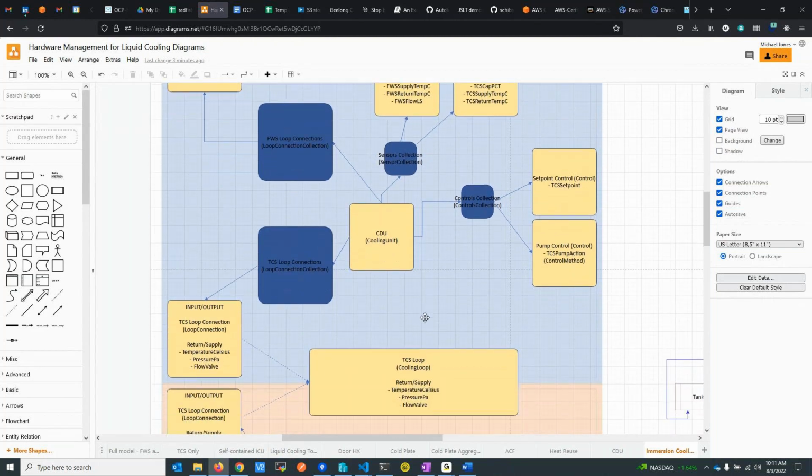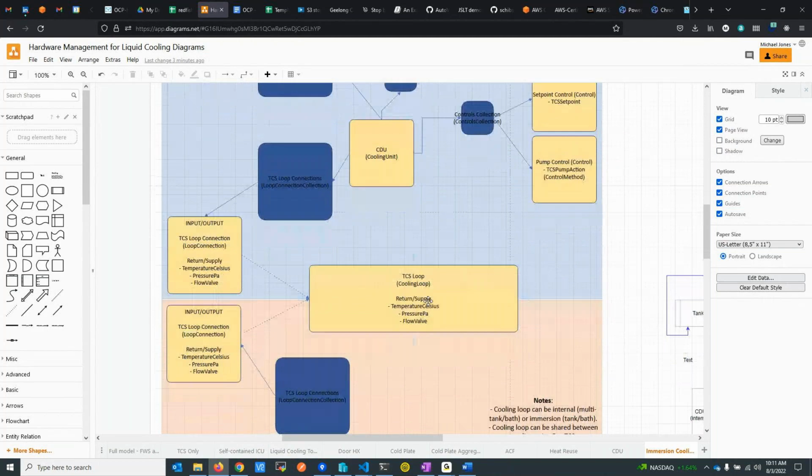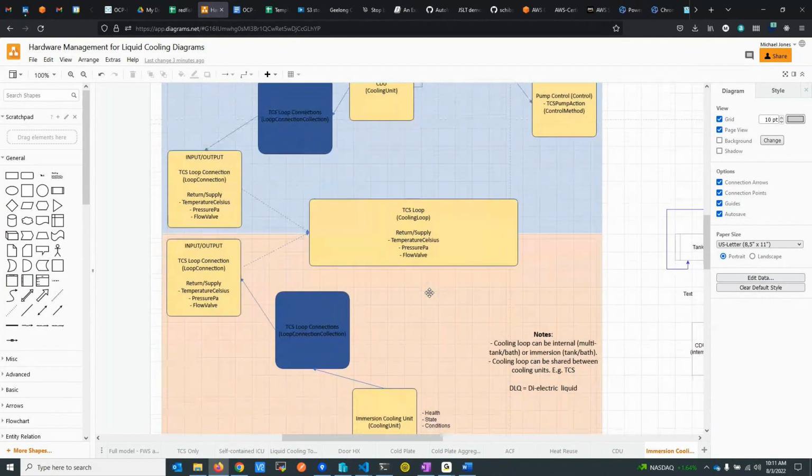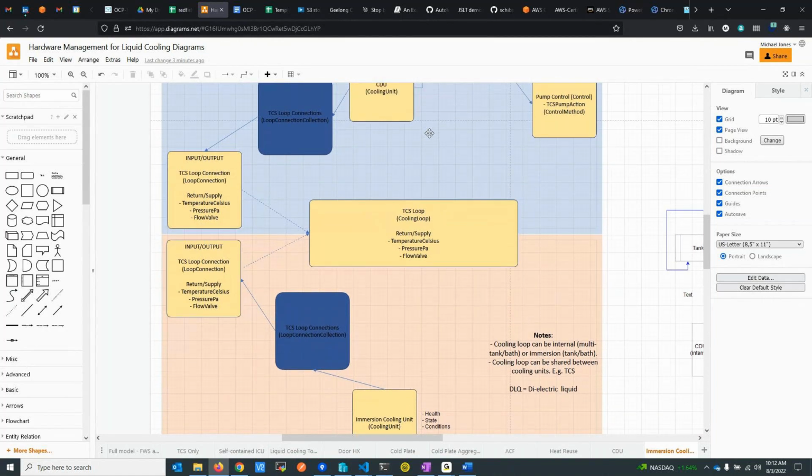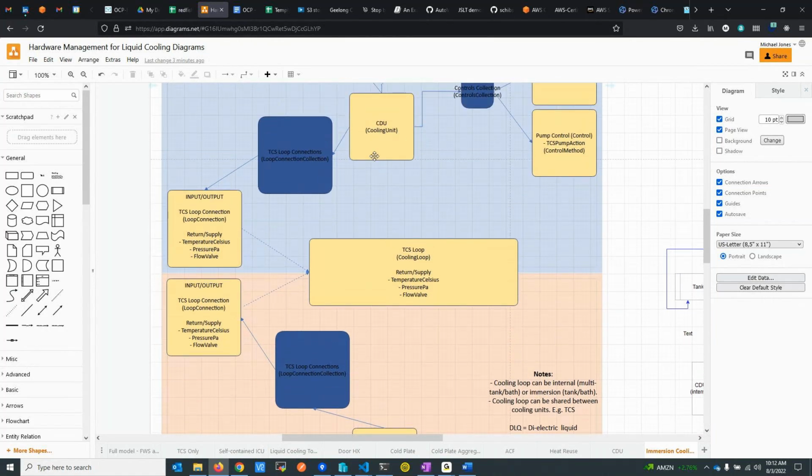Okay, let me scroll down into the TCS. What I haven't specified here is that in between that CDU you could also have another embedded CDU, or rack CDU, which is the terminology we've used. You could have a main CDU and then an embedded CDU on the edge of the tank.